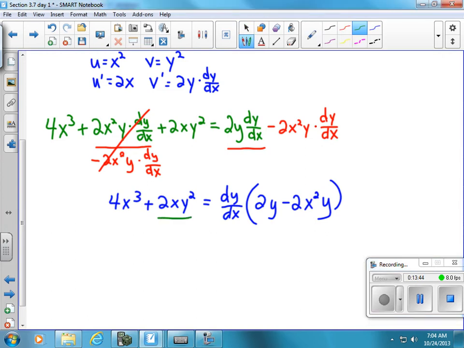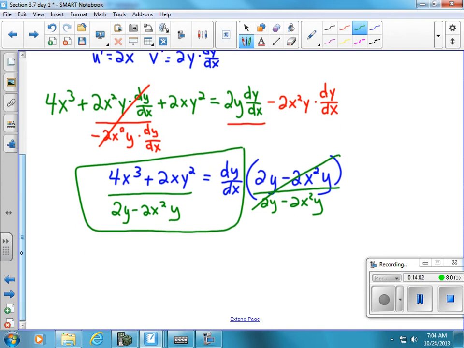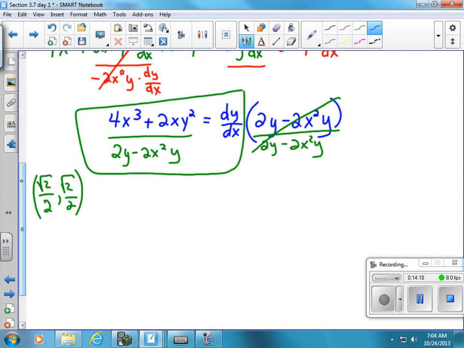So continuing to get dy/dx, we're going to divide both sides by the 2y term. Okay, divide by the same thing. And this cancels out. All right, this is our derivative. Now what we need to do is plug in the square root of 2 over 2, plug that into this equation and figure out what our slope is. This is a very nice algebra problem too.